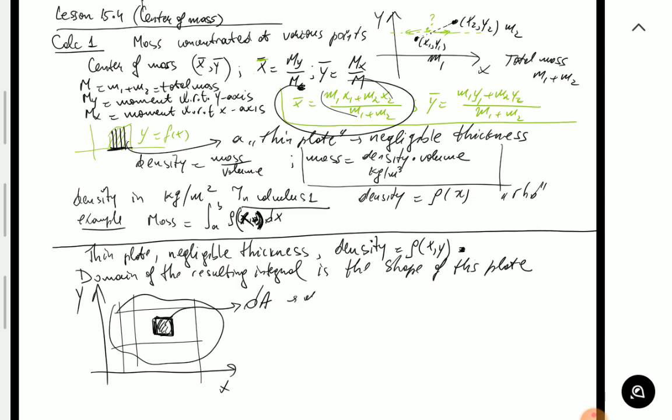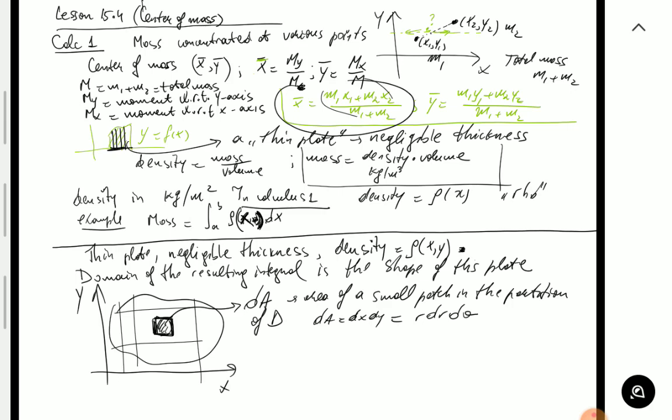So that's the area of a small patch in the partition of D. If you use Cartesian coordinates, remember that's dx dy. If you use polar coordinates, remember that's r dr d theta, and so on.